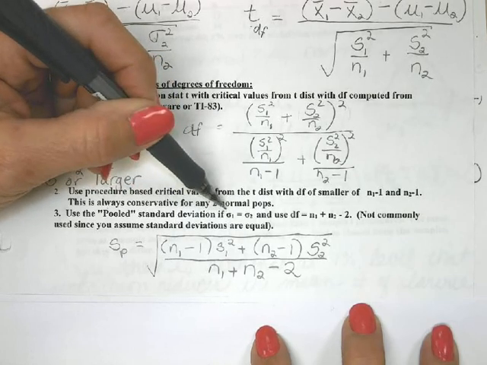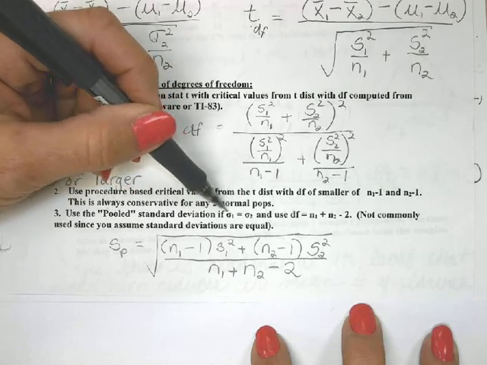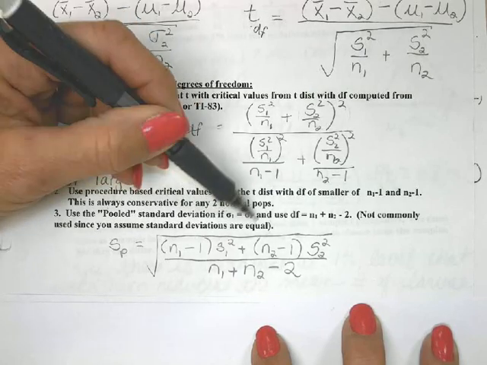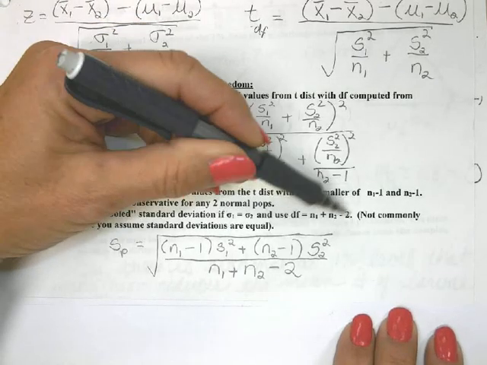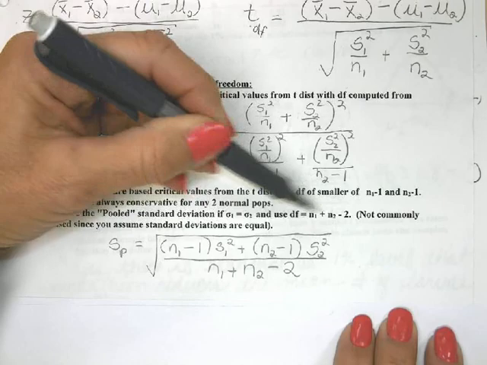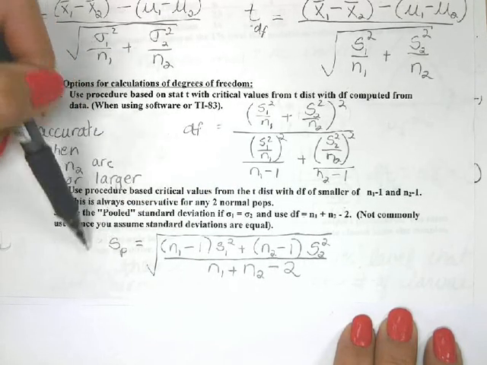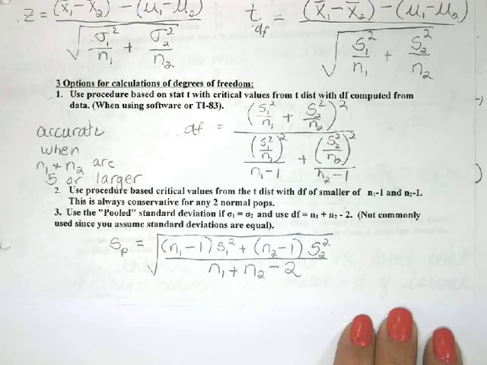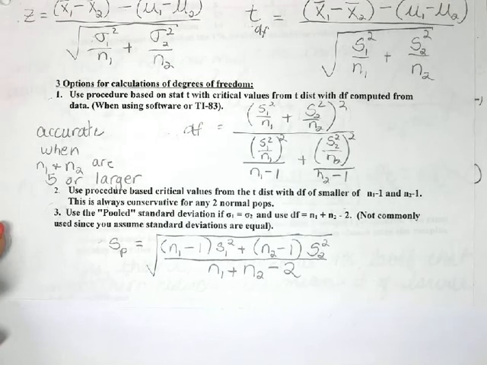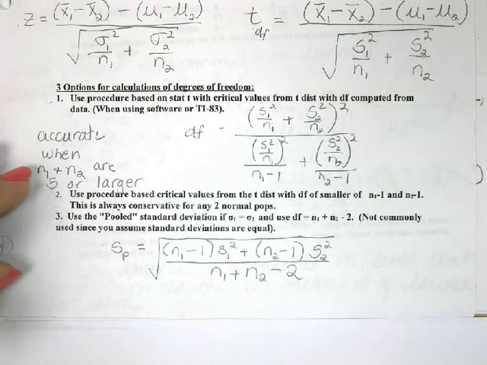And if you're assuming that there would be the same amount of variability from each of your two independent populations, then actually there's a way to calculate the number of degrees of freedom just by adding the two sample sizes less 2. But then you have to come up with something called the pooled standard deviation. And again, this method is something you're not held responsible for, but you may see it if you look up or listen to some type of a video. You may hear something about pooled standard deviations.